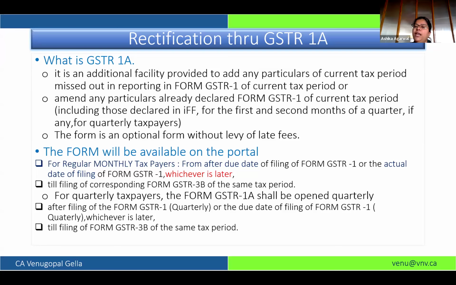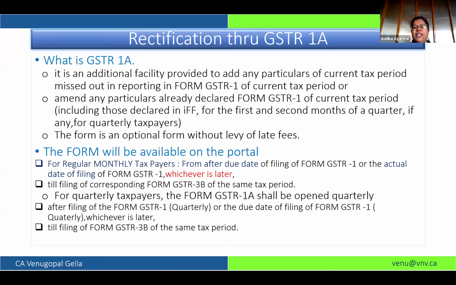Though the correction made through 1A will rectify your actual tax liability payable for that tax period, and you will pay what is actually payable through 3B, whatever correction is done through 1A will not get reflected in 2B immediately of that month.